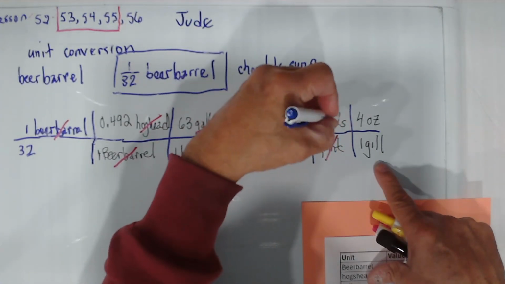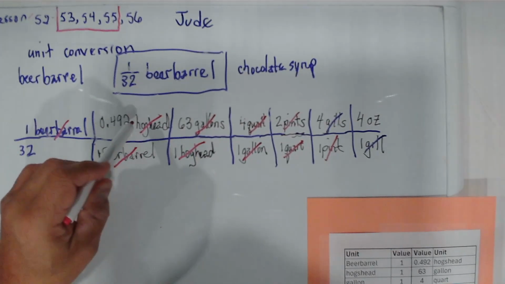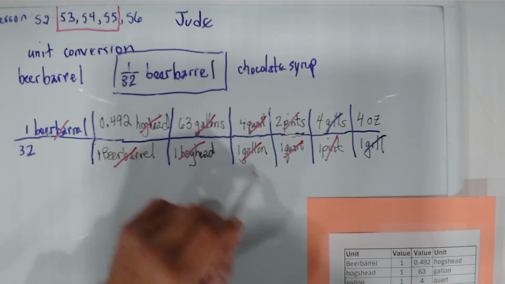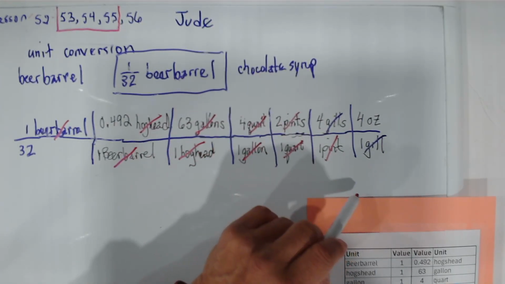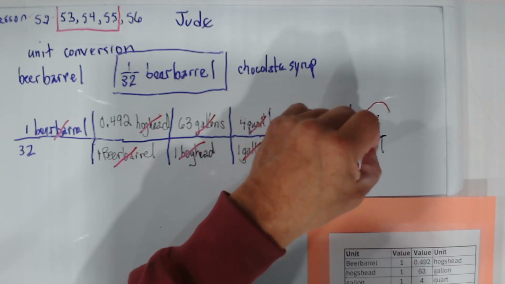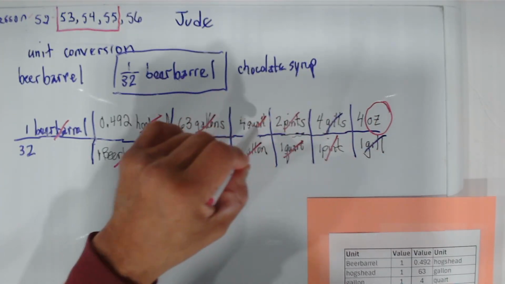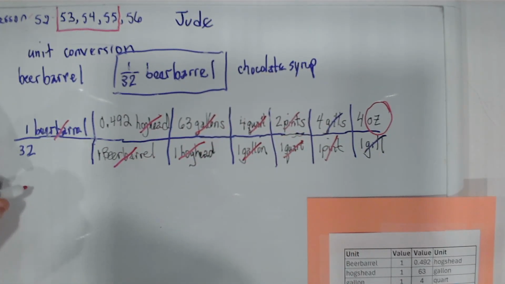Gill on top, gill on the bottom. We cancel that out. Let's see what we end up with now. We've got the right units. Beer barrel canceled out, hogshead canceled out, gallons canceled out, quarts canceled out, pints canceled out, gills canceled out. Now we have ounces. So now all we have to do is gather together all the numbers and see what we end up with.